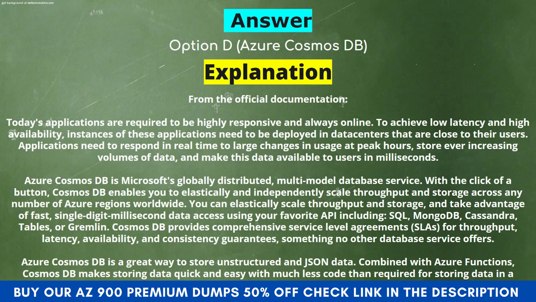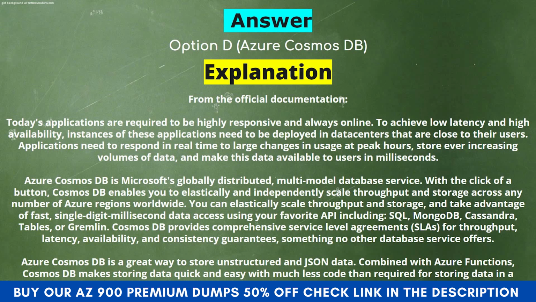Applications need to respond in real time to large changes in users at peak hours, store ever-increasing volumes of data, and make this data available to users in milliseconds. Azure Cosmos DB is Microsoft's globally distributed, multi-model database service. With a click of a button, Cosmos DB enables you to elastically and independently scale throughput and storage across any number of Azure regions worldwide.